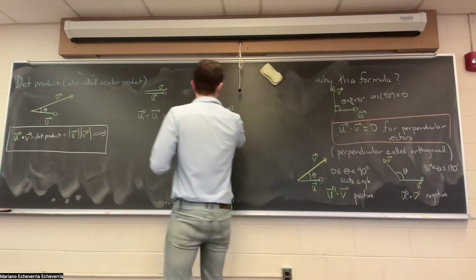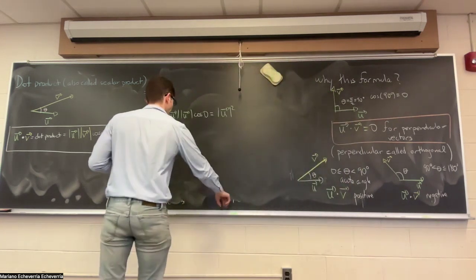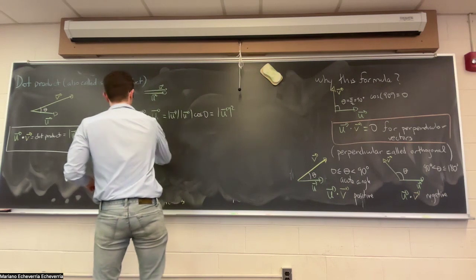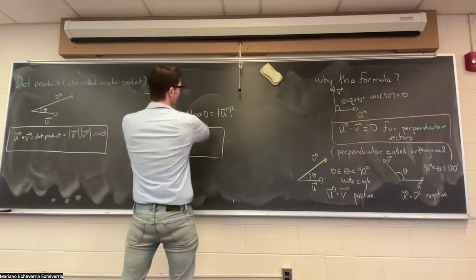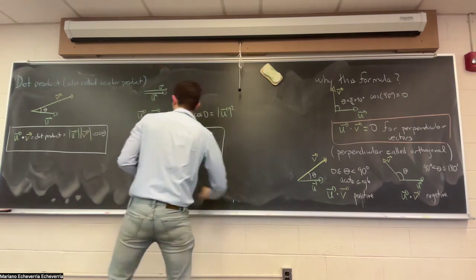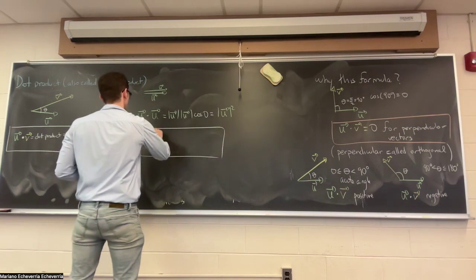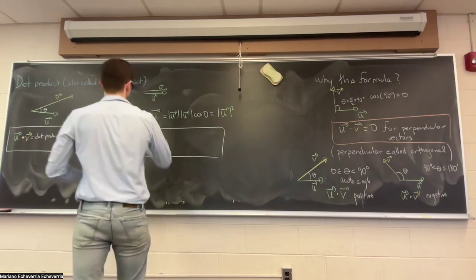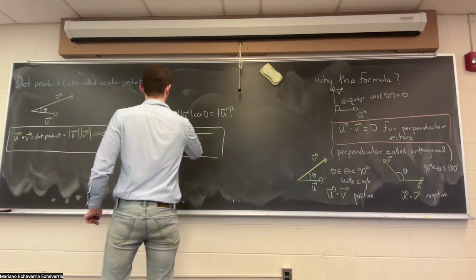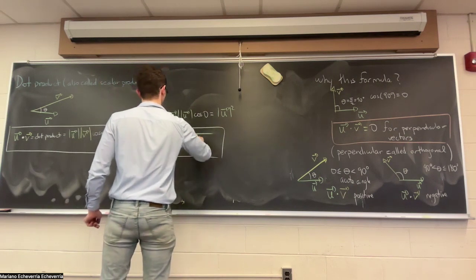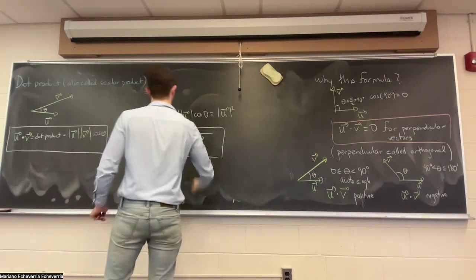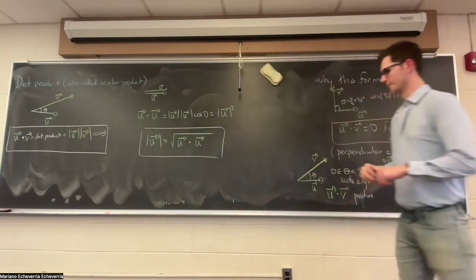So there's another way to think about it. Let me put it in a box as well. If you take square roots on both sides, what that tells you is that the length of a vector is the square root of the dot product with itself.